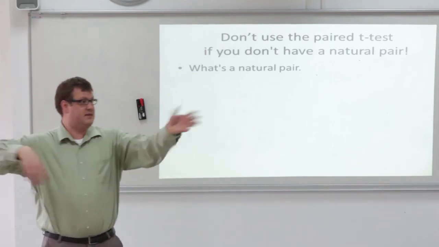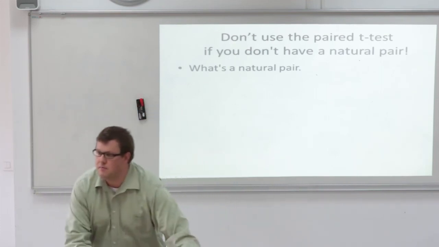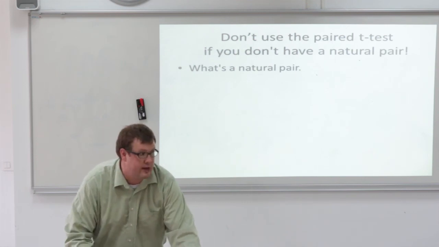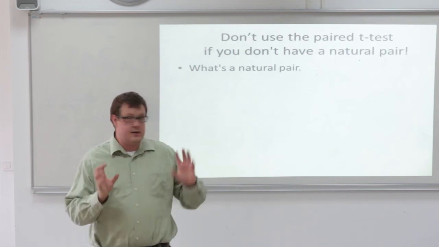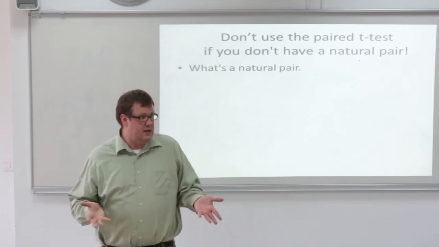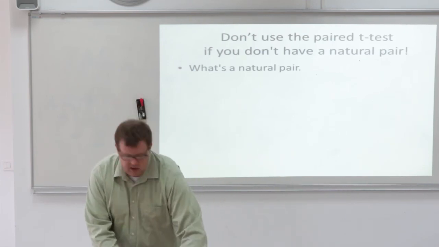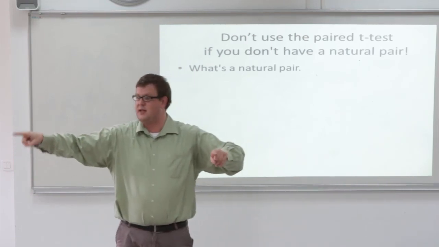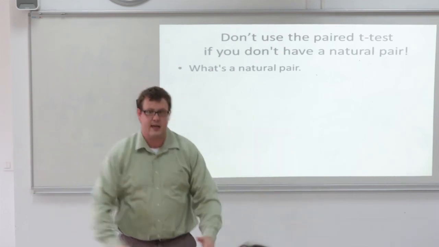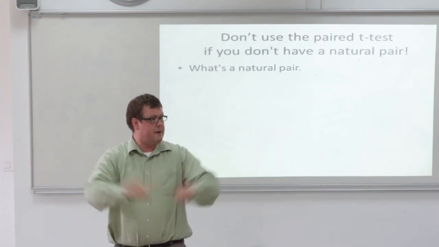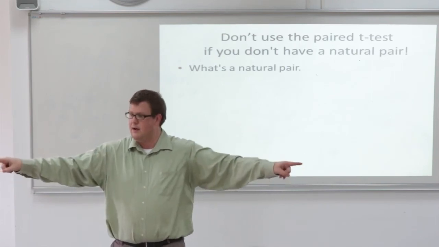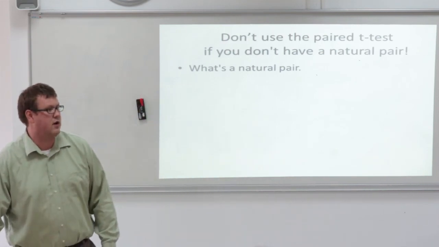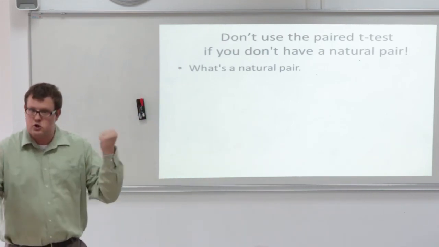We get a random sample of people, and then we sort them by grades, by GPA, because we would expect people with higher grades should have higher memory scores, right? Does that make sense? So what do we want to do? Okay, we'll take the people who got the highest grades, and we'll flip a coin to determine which one goes into the training group and which one doesn't. And we'll take the next two people, and we'll do the same thing. Flip a coin. And what should happen? Well, now the person with the highest score is paired with the person with the second highest score, and vice versa. So you have this sort of natural pairing of things.